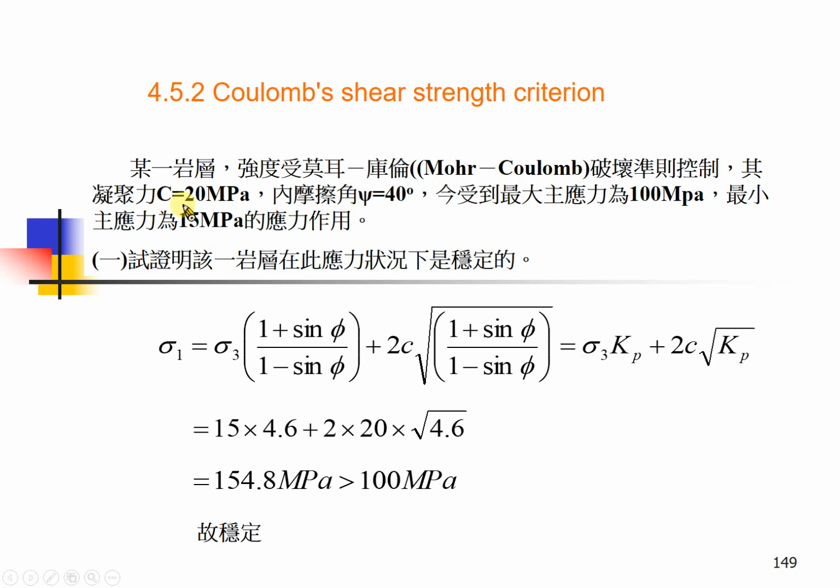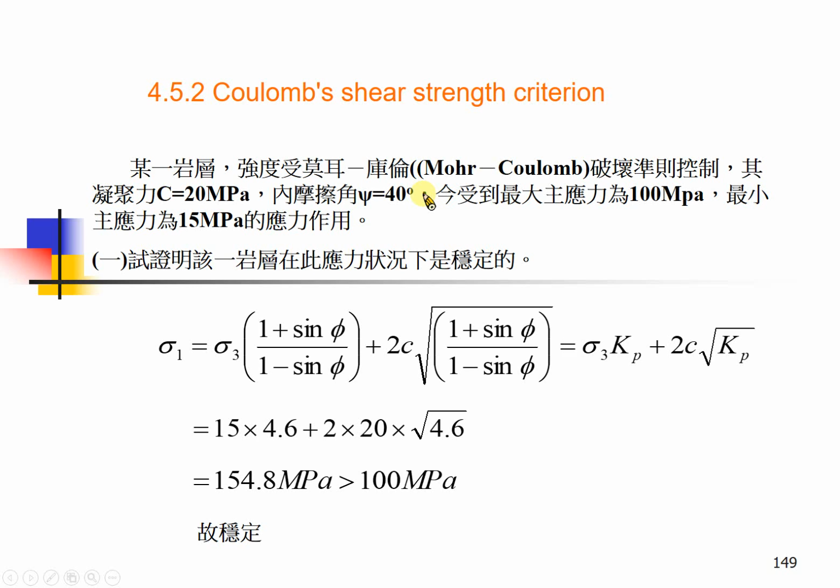The cohesion equals 20 MPa, and the friction angle equals 40. And right now, the maximum principal stress equals 100 MPa. The minimum principal stress equals 15 MPa. Is this rock stable? Can you prove it? How to do it?